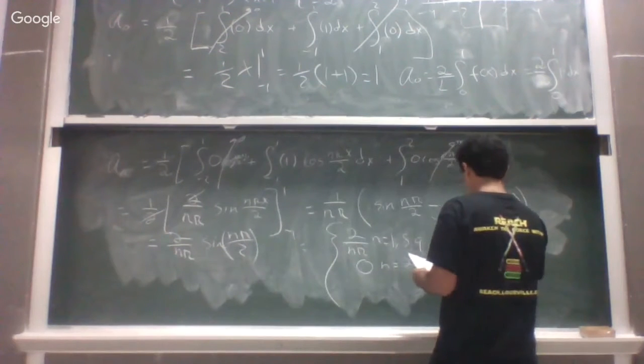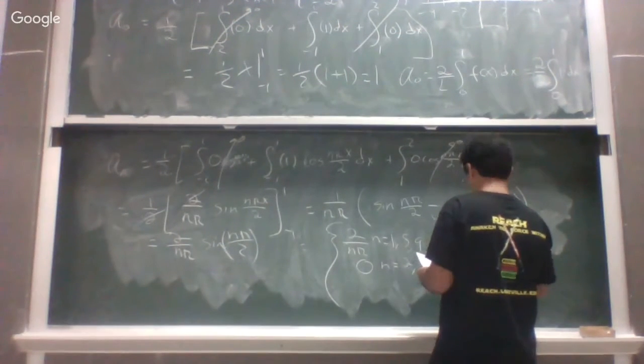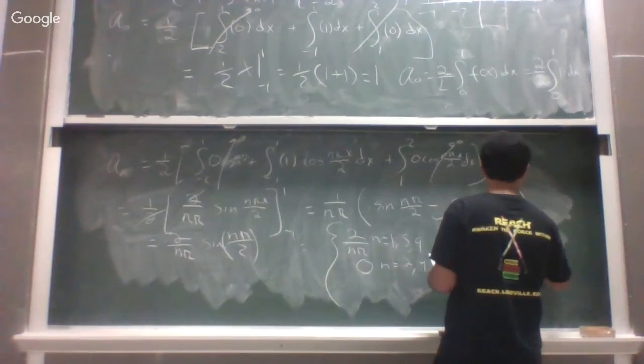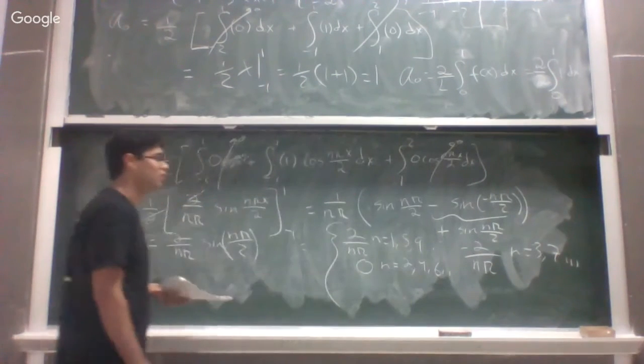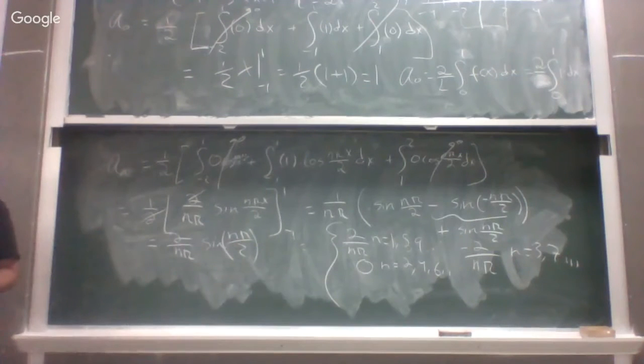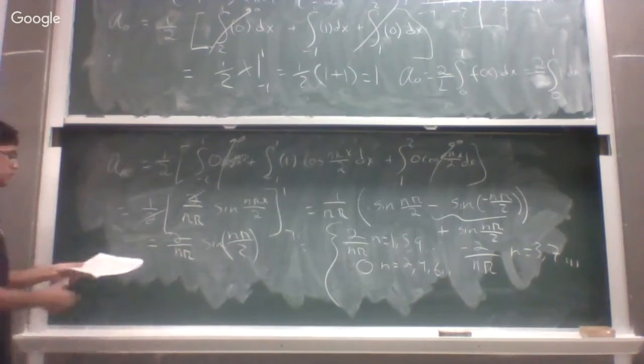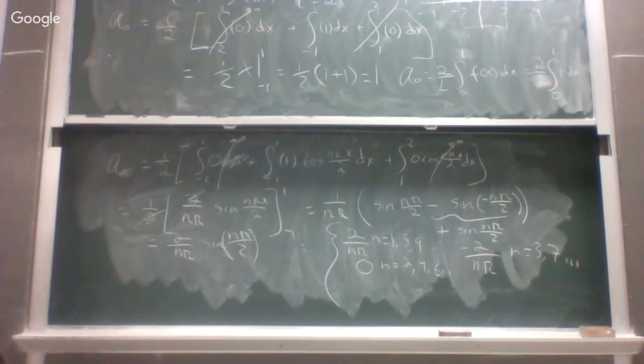So it's equal to -2 over n pi when n is equal to 3, 7, dot dot dot. So you have to realize that you can have more than one answer in these.